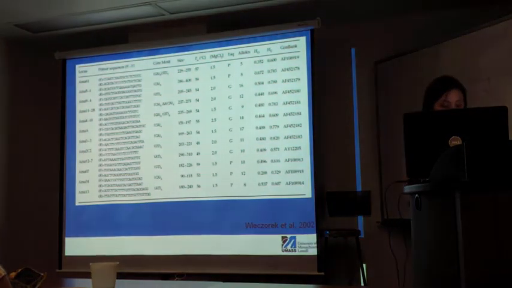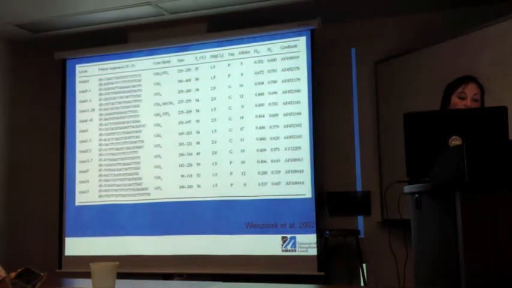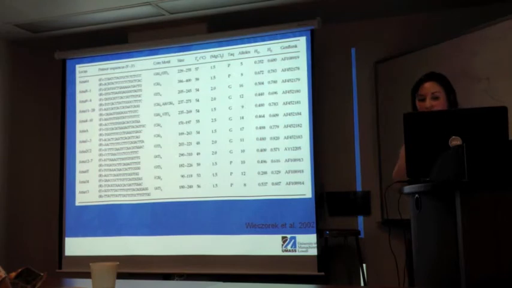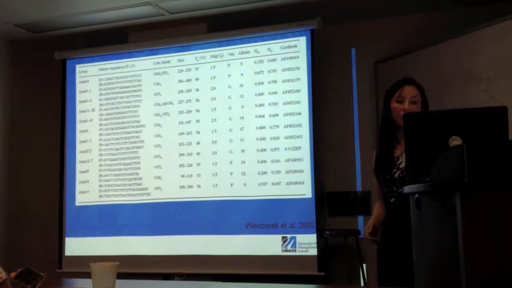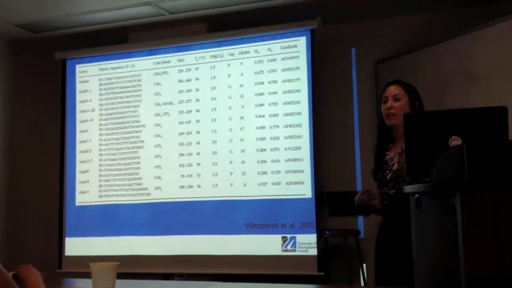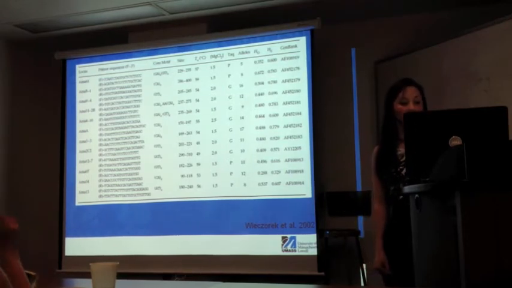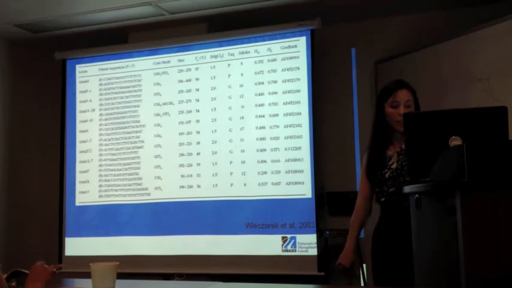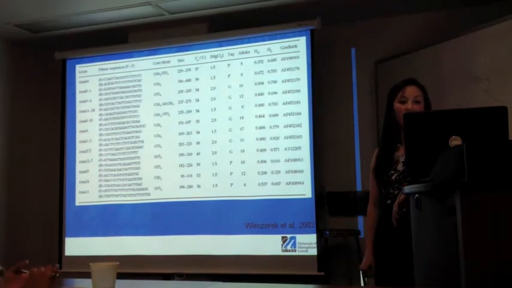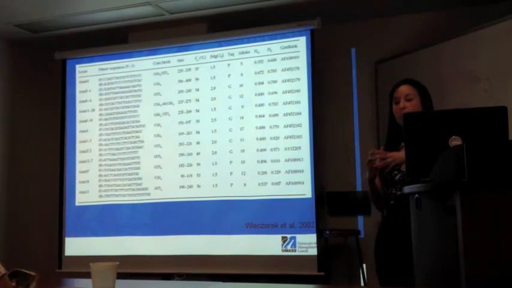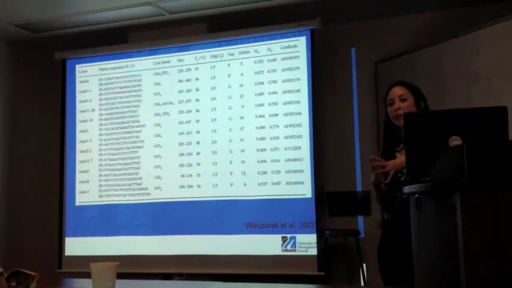So obviously, Scott and Veronica were very important to the foundational research for my work, but Kelly Zamudio at Cornell is like the spotted salamander queen. So she's spent, I don't even know how much time and effort sequencing microsatellites in spotted salamanders.